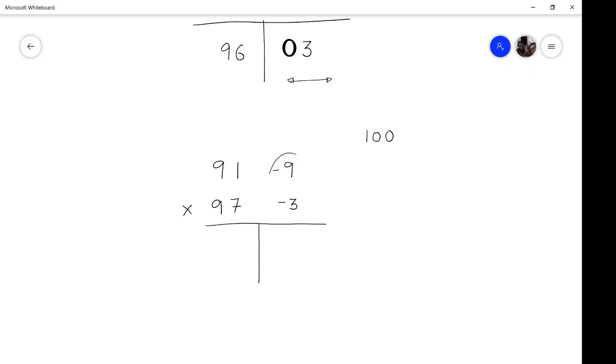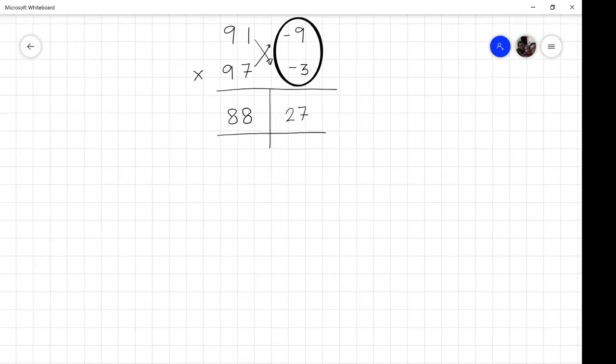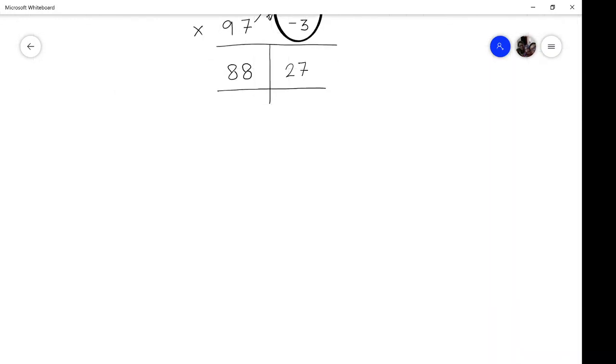You multiply these two, so 9 3s are 27, and if you cross add, that is 91 plus minus 3 or 97 plus minus 9, you will be getting 88. So the answer is 8827. Simple, isn't it?